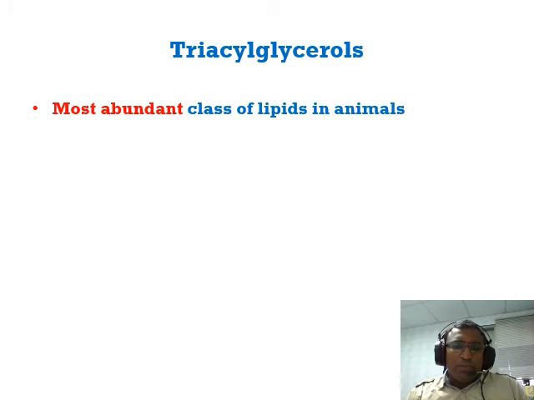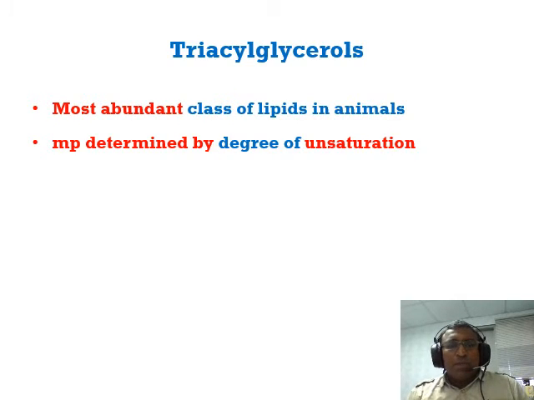So a bit more information on triacylglycerol. It is the most abundant class of lipid in animals. Unfortunately, it makes up the fat of a person or of an animal. Therefore, it can lead to a person being classified as obese or overweight. The melting point is determined by the unsaturation.